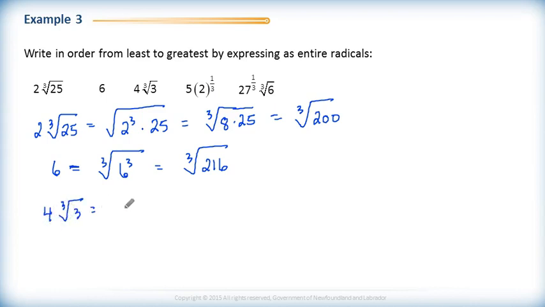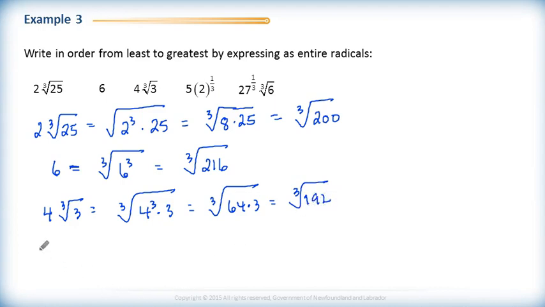That gives us the cube root of 4 cubed, expressing that 4 as the power of the index, times 3. So we've got the cube root of 64 times 3, which is the cube root of 192. So that's the smallest one so far.